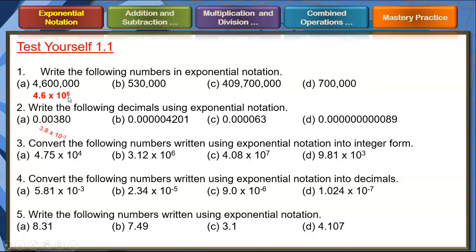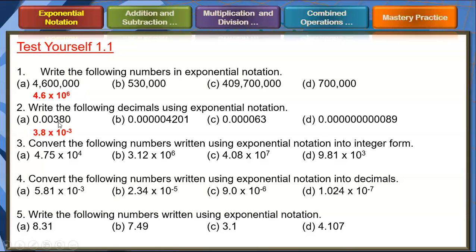And let's do letter B. The answer is 3.8 times 10, and this one is negative 3. Why did I do it? Because we move the point here to the right. Remember, when you move the point to the right, it means negative exponent. The same thing with the first one: when you move it to the left, it is positive.